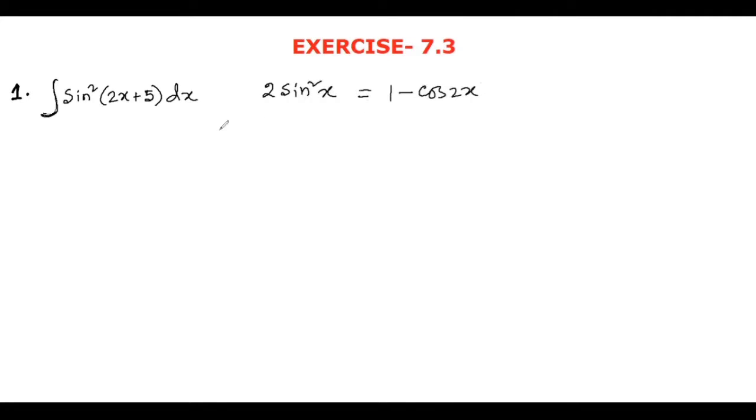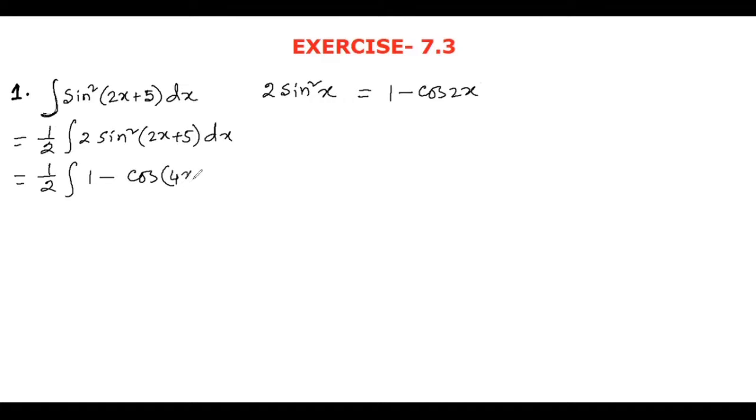We can write it as, so what we will do, 1 by 2 integration 2 sin square (2x plus 5) dx. This will be 1 minus cos 2x, so it will be multiplied by 2, that means 4x plus 10 dx.